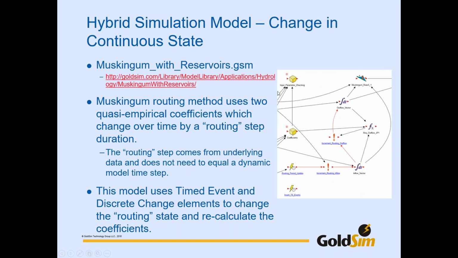So that's kind of a complicated method, and I don't really want to delve into the mechanics of the method or what's going on there, but more just to show, we have the timer to the discrete change to the stock, which is letting us honor our routing step, or a fixed time step that's independent of what the model's doing with time in terms of inserting time steps. Okay?